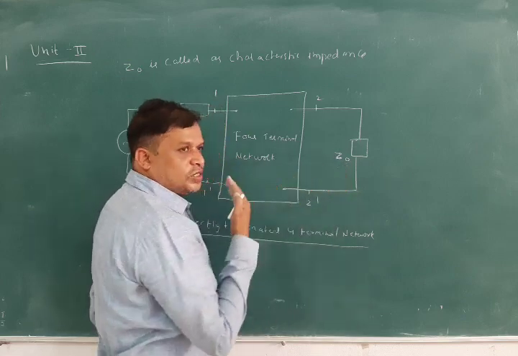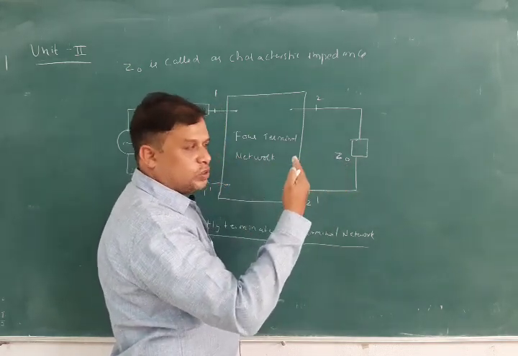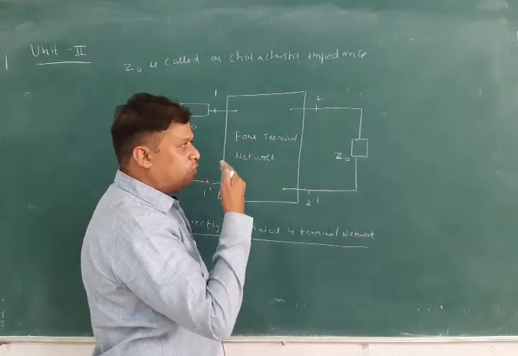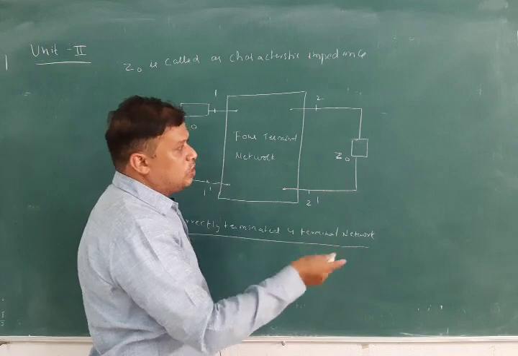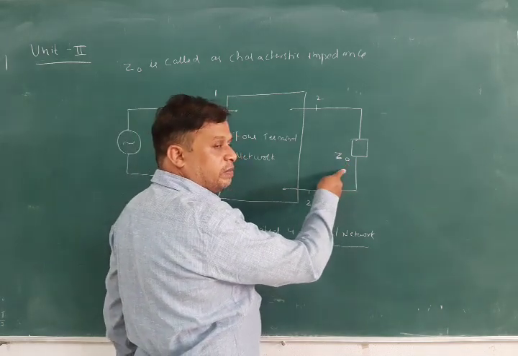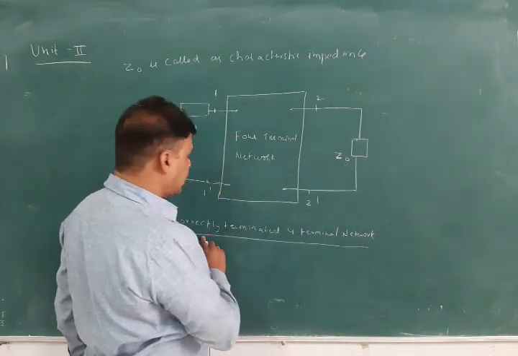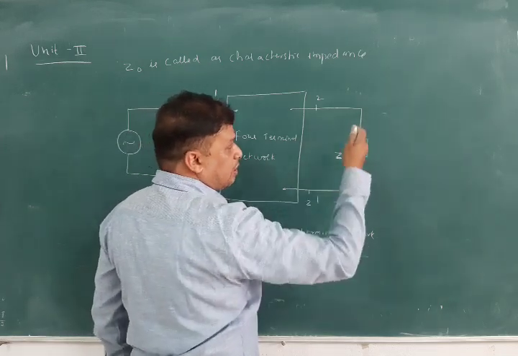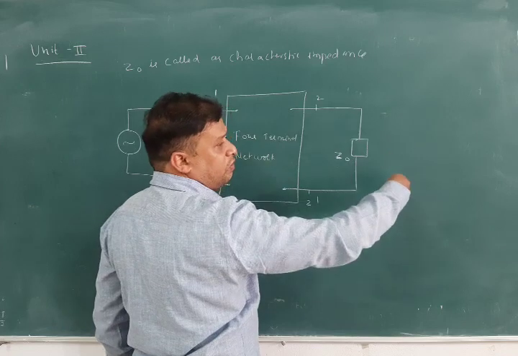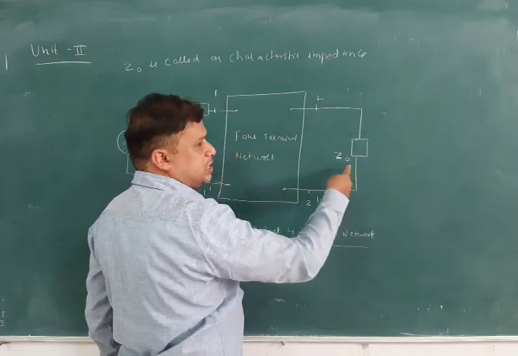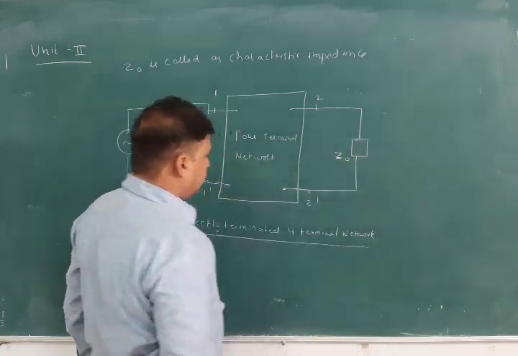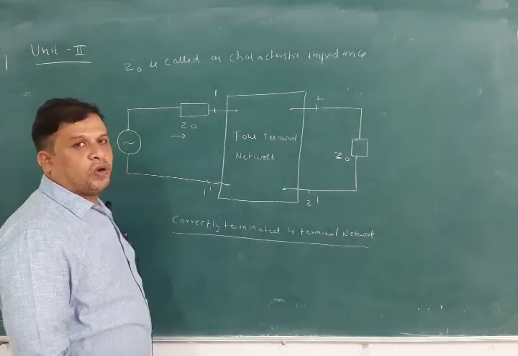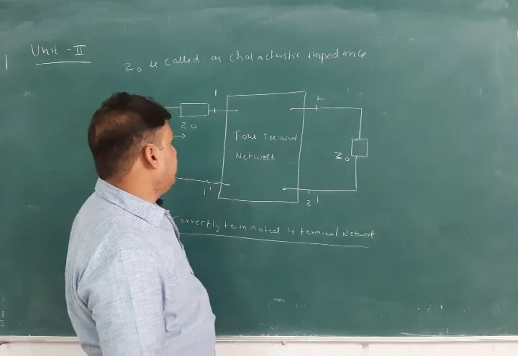If we are slowly cutting down network by network, the input impedance or characteristic impedance was Z0 only. So if you cut like that, the output impedance also remains the same. So we can call it a correctly terminated 4-terminal network. Instead of cutting off or disconnecting the chain of networks one by one, we are writing here Z0. So Z0 will be called the characteristic impedance, not the input impedance or output impedance.